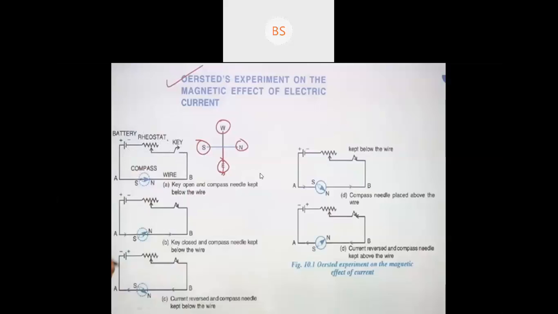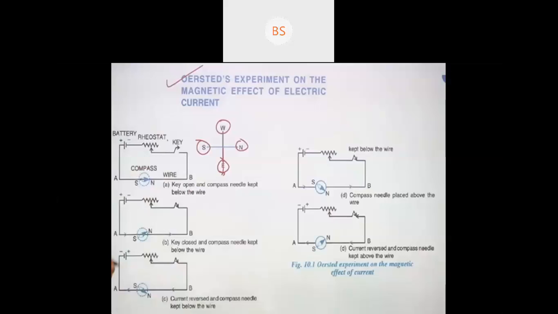It is open. When the key is open in a circuit, does current pass? No, correct. So this is the first experiment he has done.